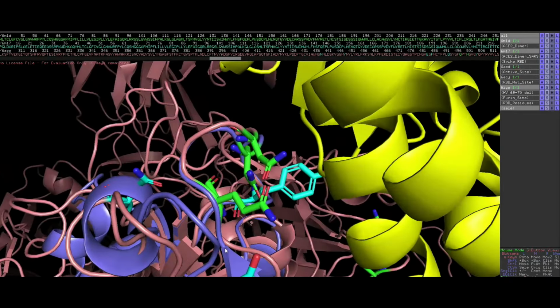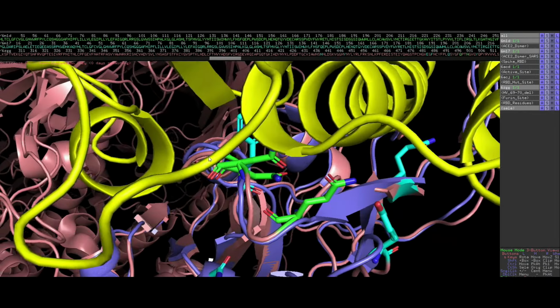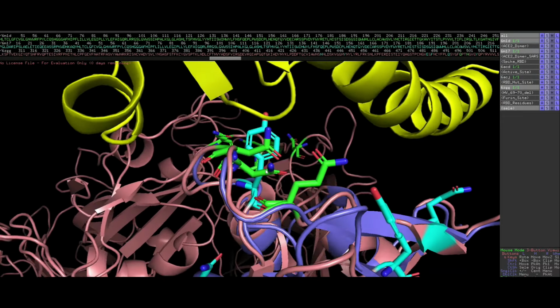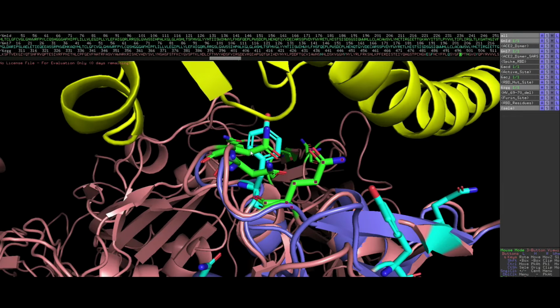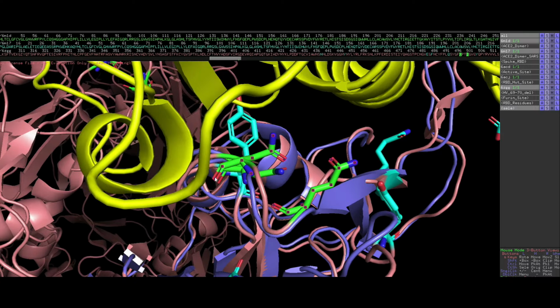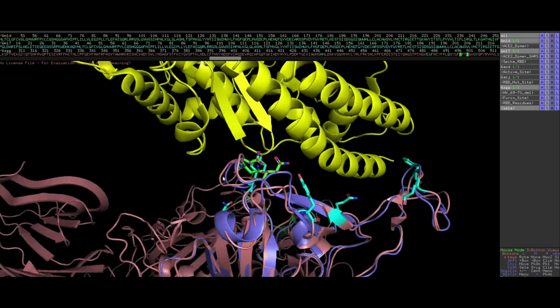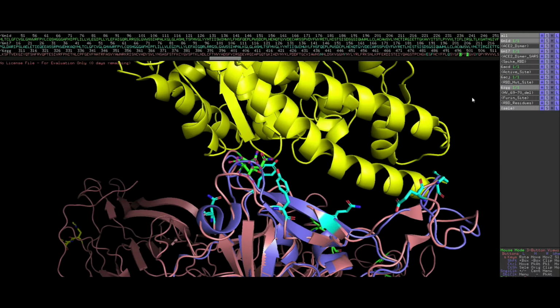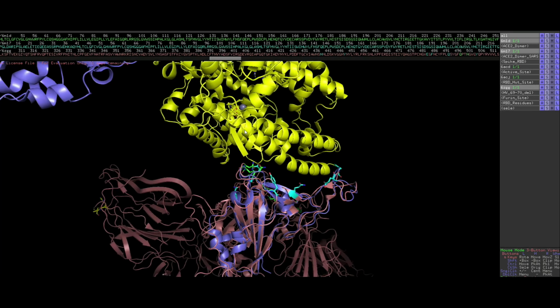This is actually a structure of the non-mutated version, so these ones in green are the non-mutated ones, but those are the positions of those amino acid residues. You can see that those are right here at the binding site to the human ACE2, and that's why those ones are of interest.